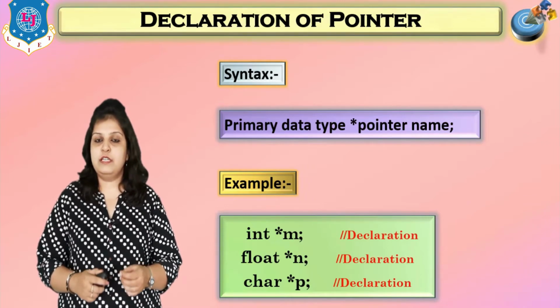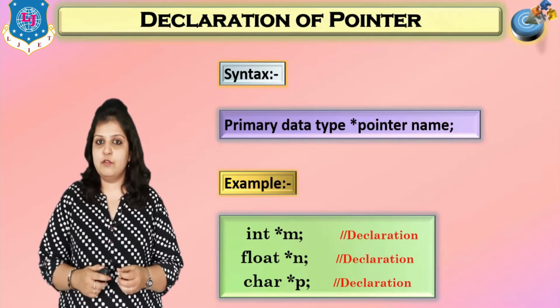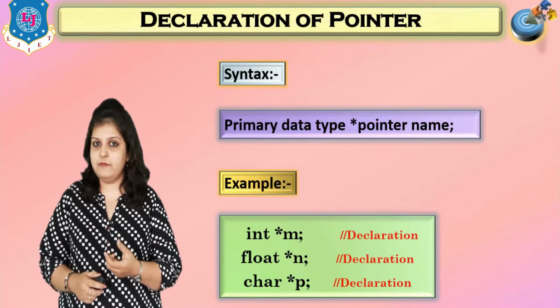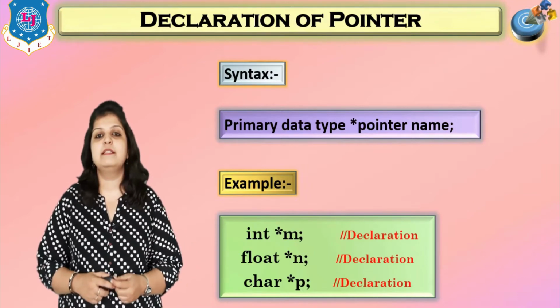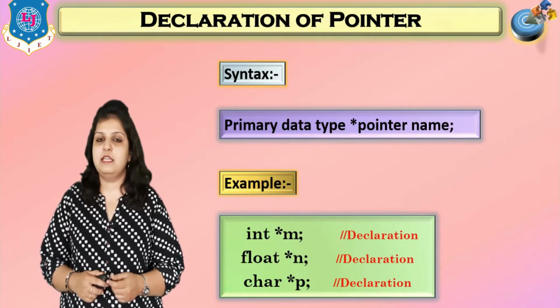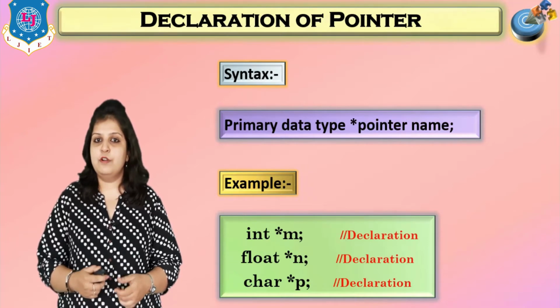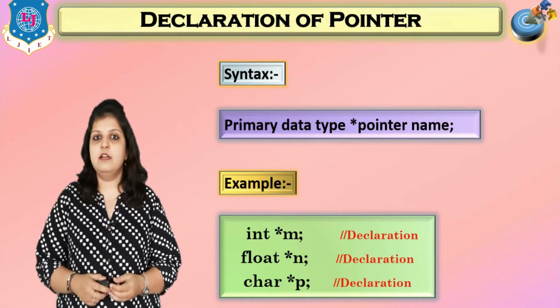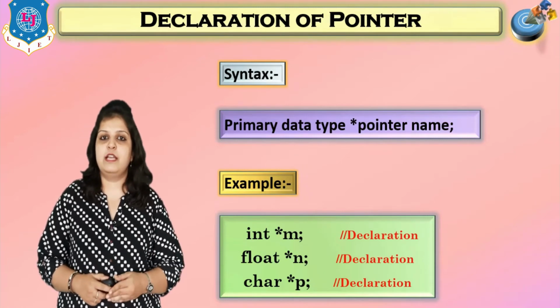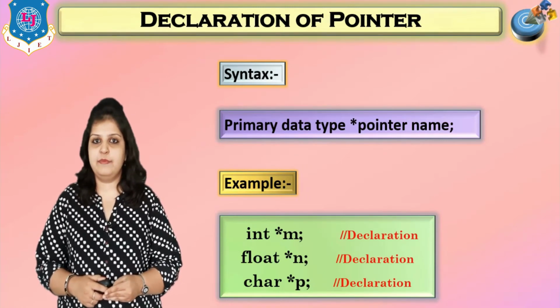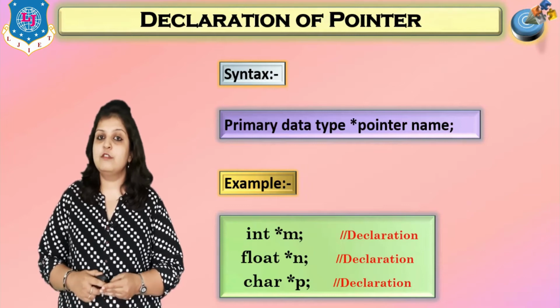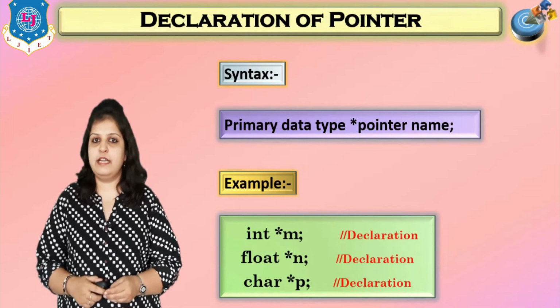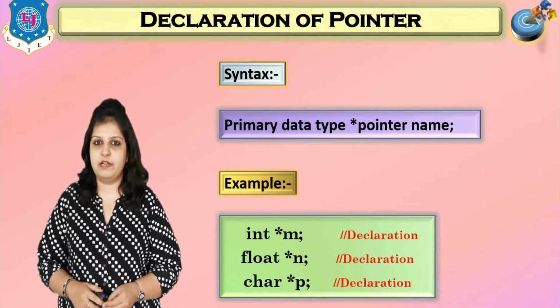Just remember this: if I want to store the address of any integer variable in my pointer, then my pointer data type must be integer. If you want to store any float variable address in your pointer, then your pointer data type is always float. So in this way we can decide the data type of our pointer variable.